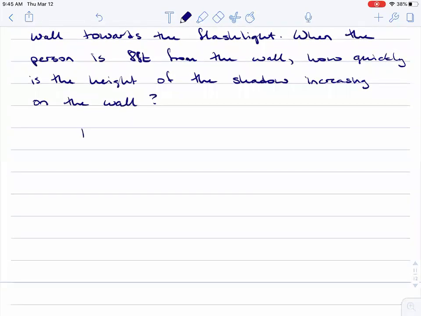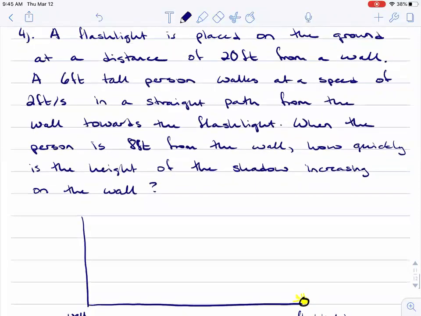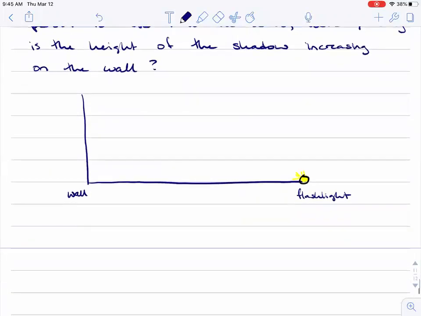So if I say that I have a wall over here, and I'm placing a flashlight down here, then I've got a flashlight here. And what else were we told? Flashlight is placed on the ground at a distance of 20 feet. So this distance here is 20 feet.